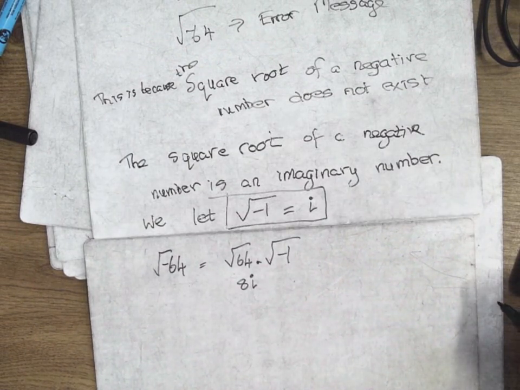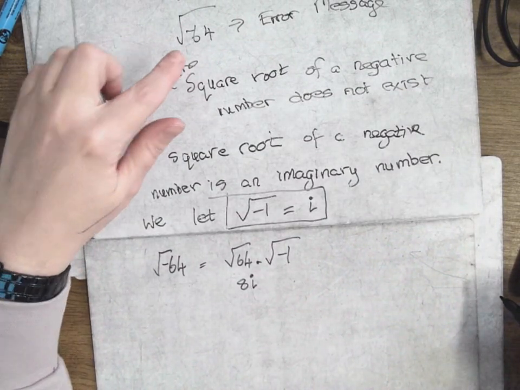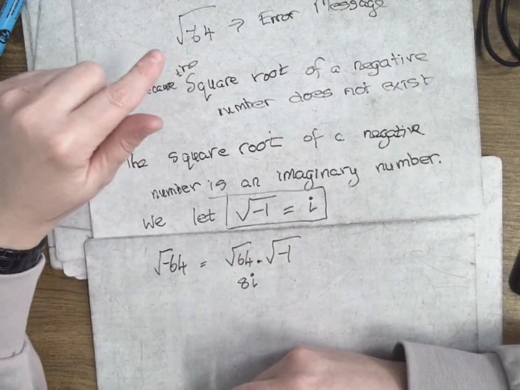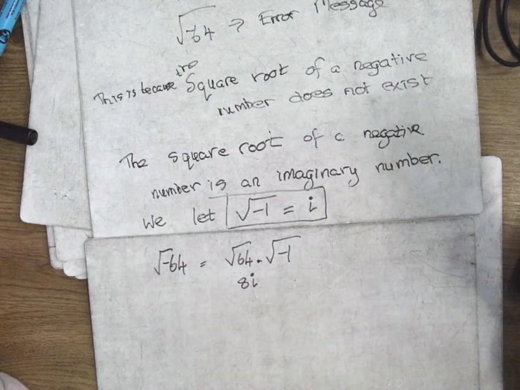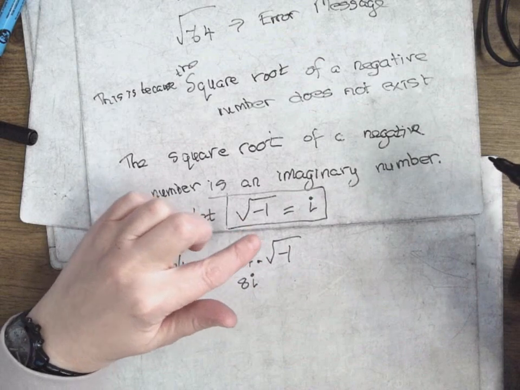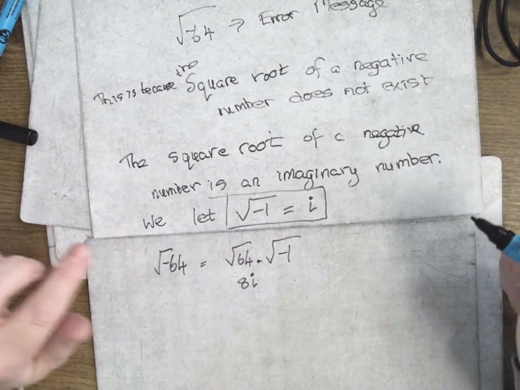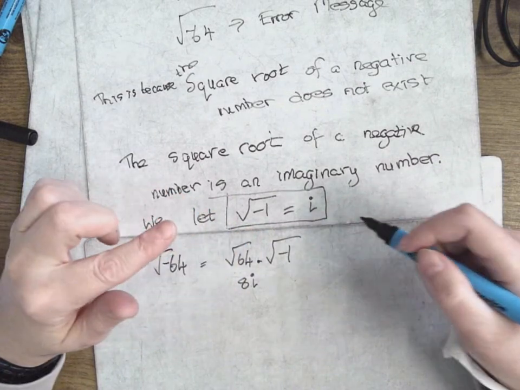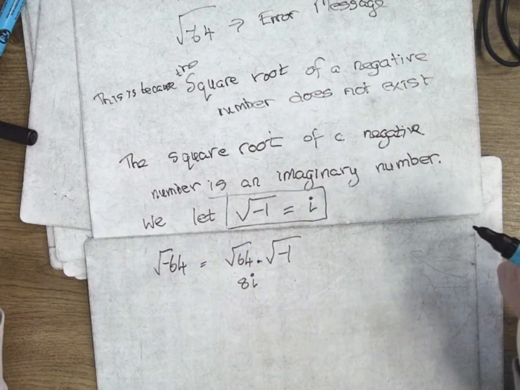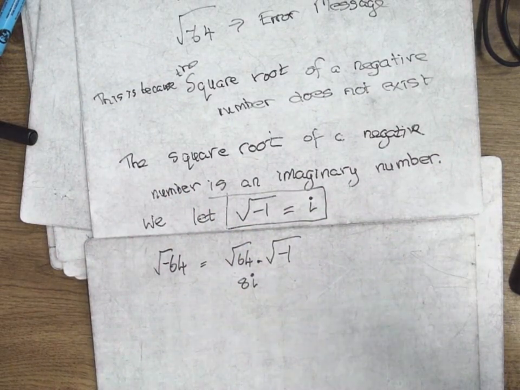Because you cannot get the square root of -64, because it doesn't exist, there's a branch of maths that deals with imaginary numbers. They don't exist, so we have to deal with it somehow.